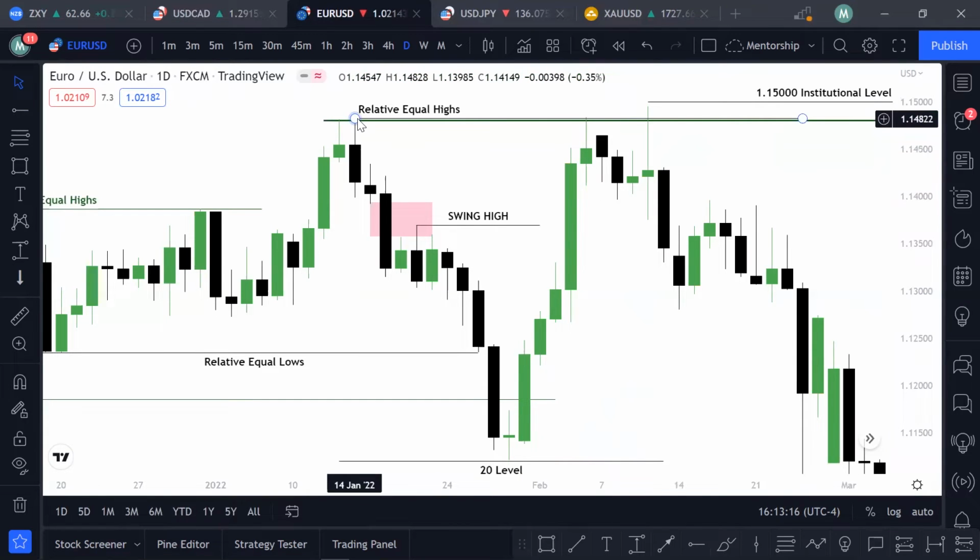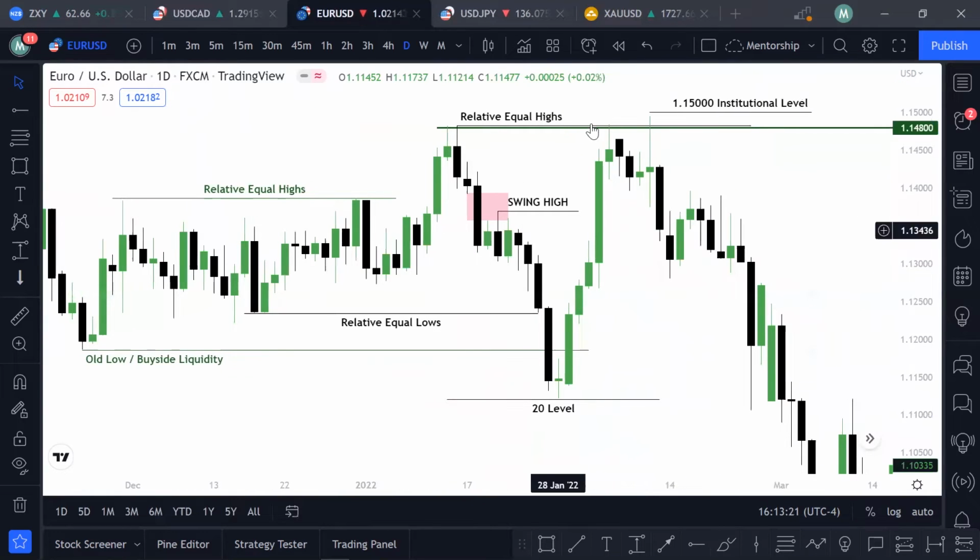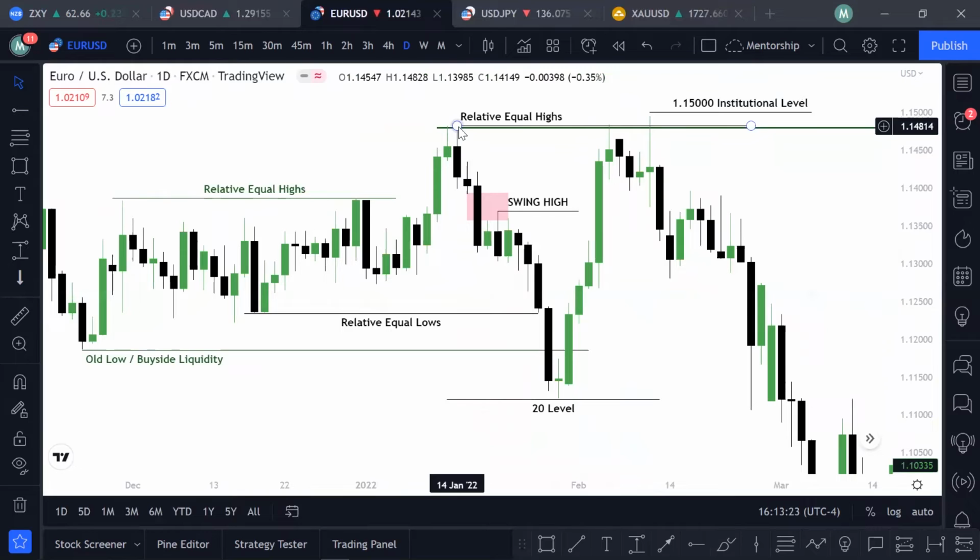Above here, what does price do again? Price gives us a high that doesn't trade through that level. It gives us a relative equal high. Trades below, comes again to the institutional level.